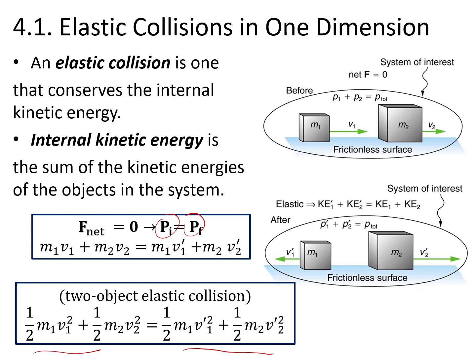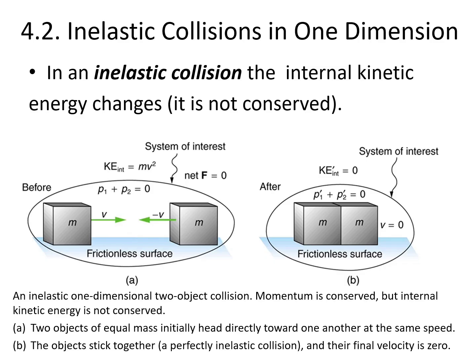Next, let us compare this with inelastic collisions where kinetic energy is not conserved. In an inelastic collision, total momentum is conserved if the system is isolated, but internal kinetic energy is not conserved. This means some of the initial kinetic energy is transformed into other forms, such as thermal energy, sound, or deformation of the objects.